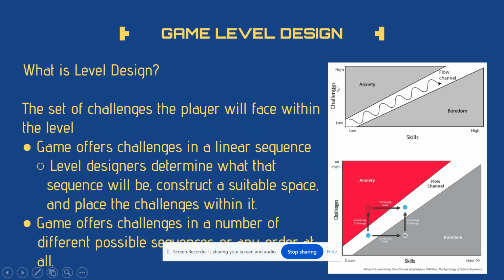As you can see on your left here is the challenge and the skills. It started very low and it goes further along the flow channel. It develops anxiety, but it also develops boredom.